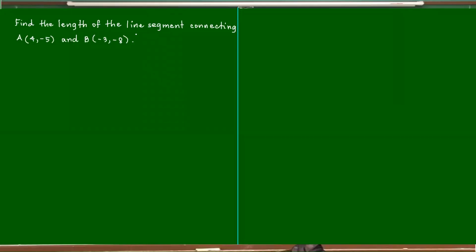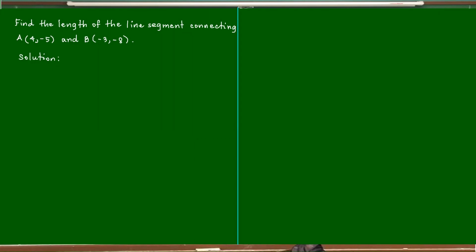Now for this type of problem, no need to draw because we can easily determine by applying the formula. Although there are problems that you need to draw or illustrate in order to analyze the problem. In this case, you can take A as our P1 and B as our P2, but any of the 2 points can be taken as P1. It doesn't matter.